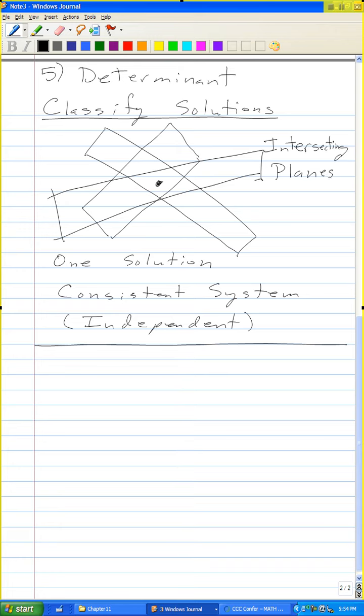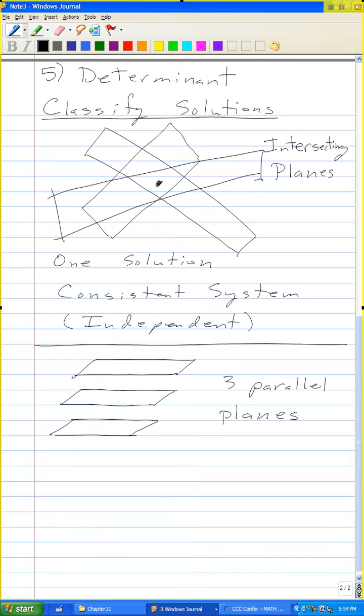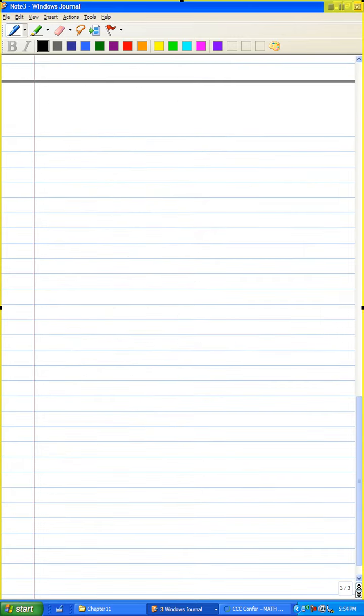Now let's look at the case where I have this plane, this plane, and this plane. So in this case, we have three parallel planes. And so in that case, there's no solution.